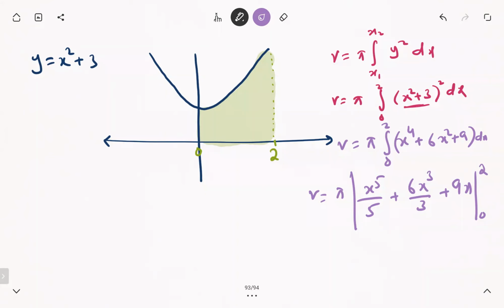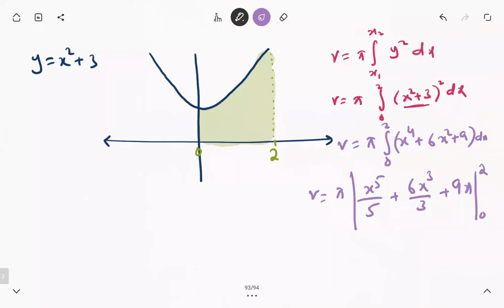Yes, put all these values into your calculator, you'll get your answer. Amina is saying it's 202 by 5 pi. And what will be your answer in 3 significant figures?